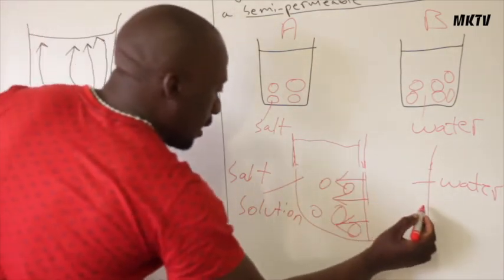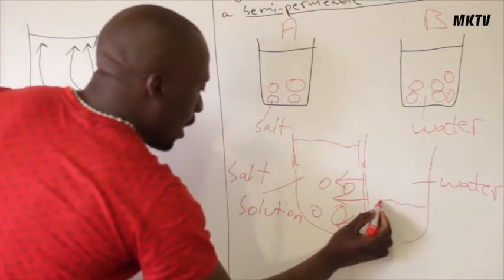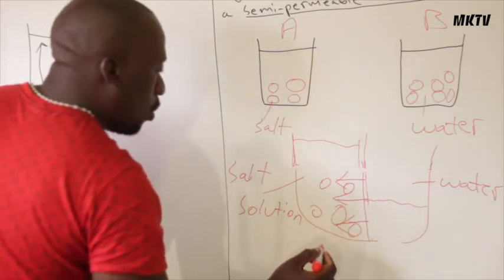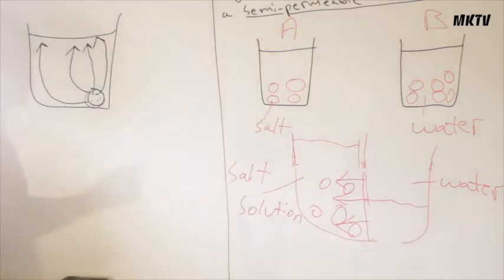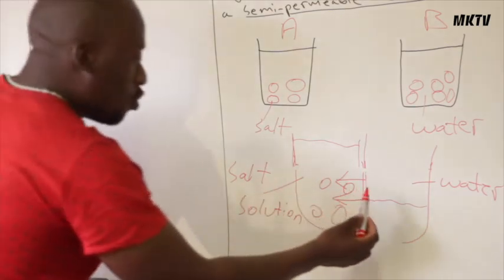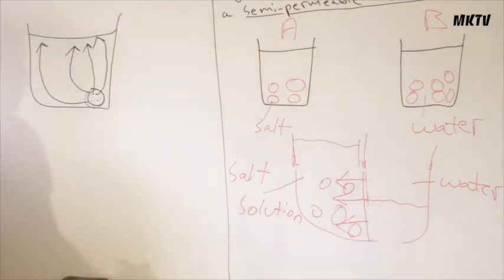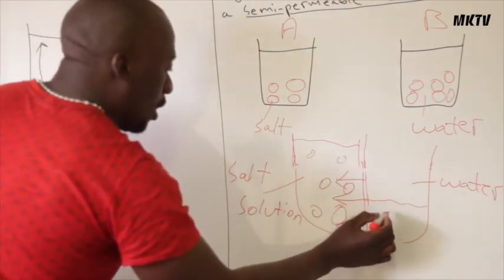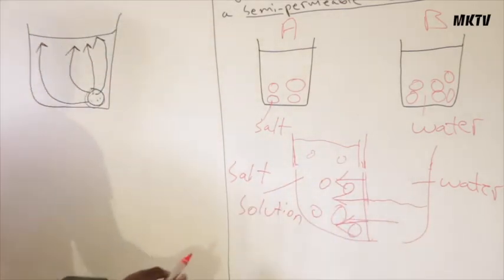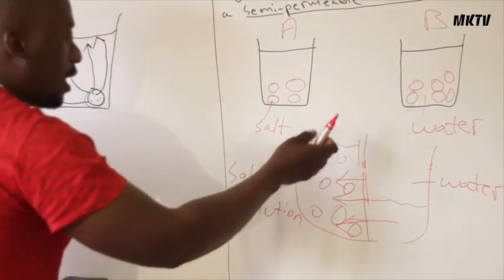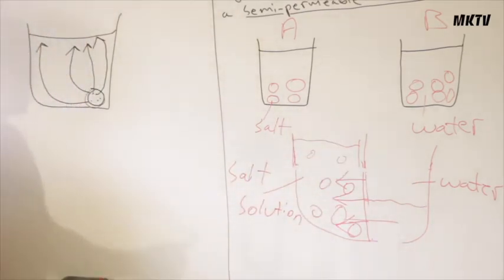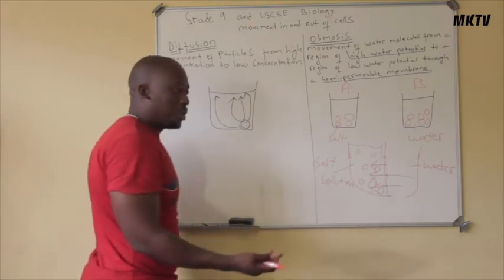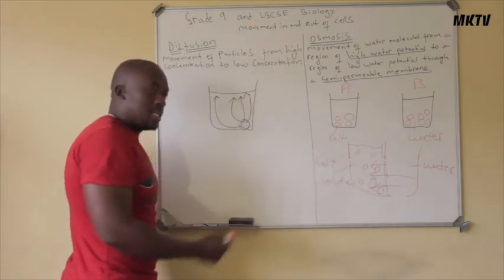And here, the level of water is going to decrease, which shows that osmosis is taking place. This water is going to move inside the salt solution, so the level of water is going to decrease, whereas the level of the salt solution is going to increase.